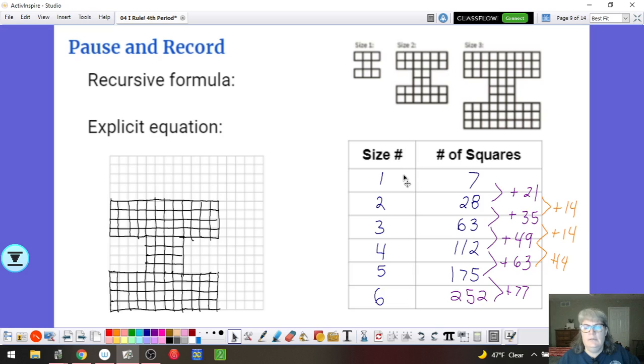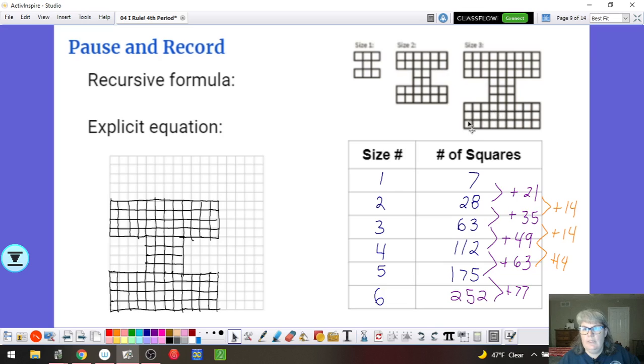Size 1 is the same in this pattern as in the original, so has 7 squares. But when we look at size 2, we now have 6 in a row, and we have 4 of those rows for a total of 24, and we now have 4 in the middle for a total of 28.